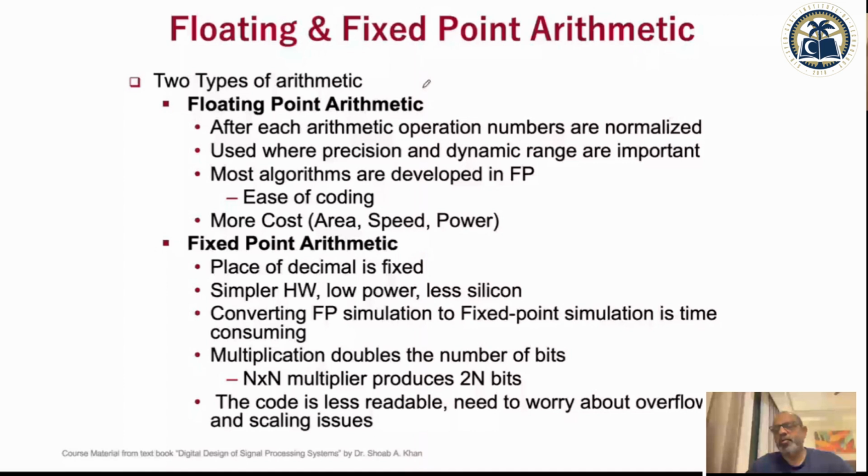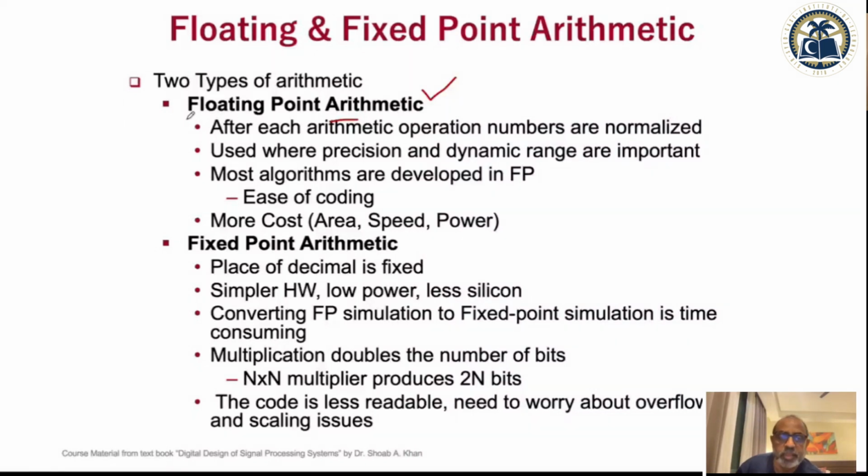There are usually two ways to represent a number. One is floating point format. Usually once you are running your simulation, all the variables are in floating point format because it's so easy to code, because you need not worry about underflows and overflows, and the composition of the floating point itself increases the dynamic range of the numbers.